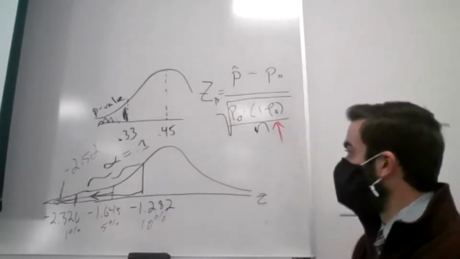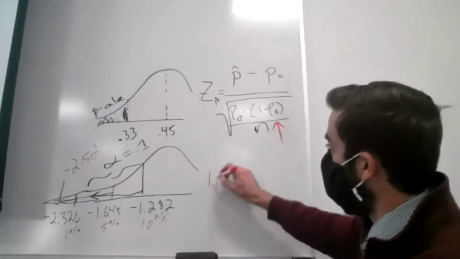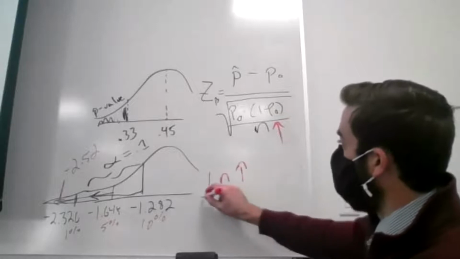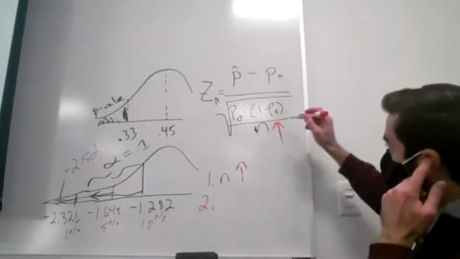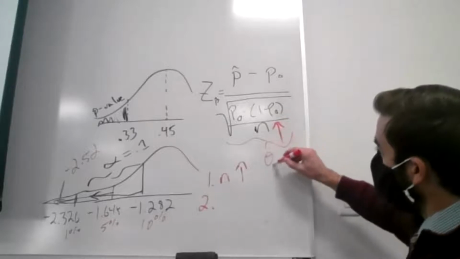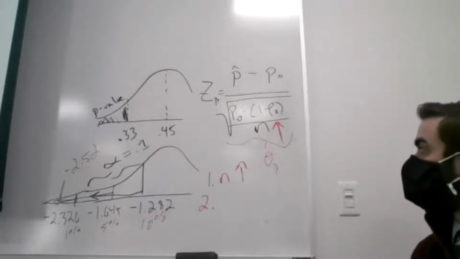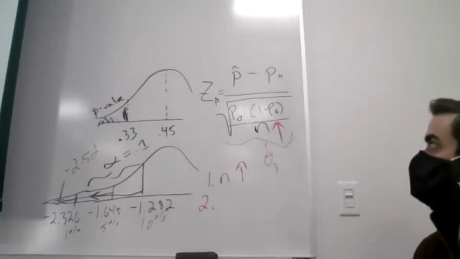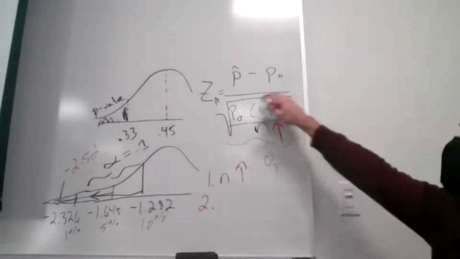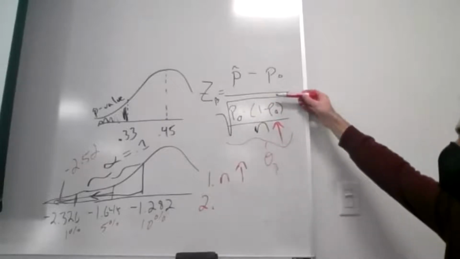Right? So I'll try to write these steps down. So 1, n goes up, right? What's going to happen to the standard deviation of our sample proportions, which is this entire denominator? The sample size goes up, what happens to this fraction? Just the denominator.